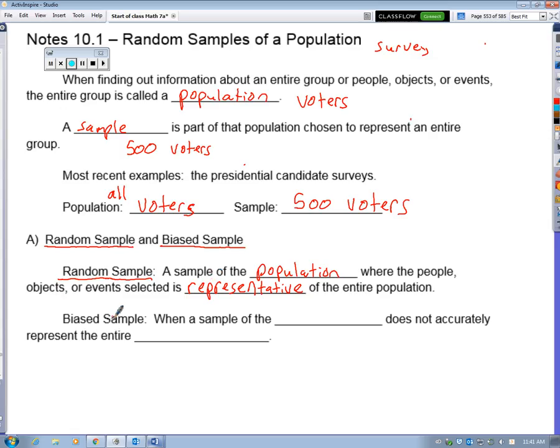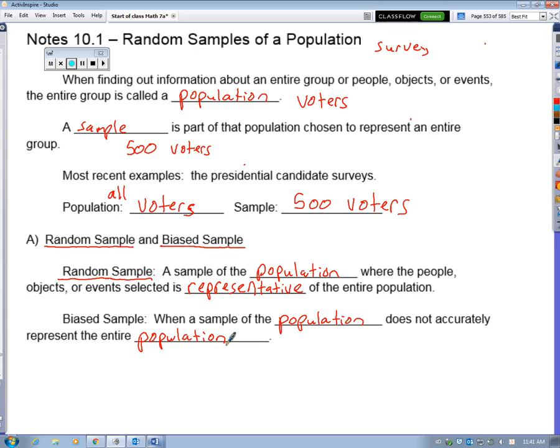A biased sample would be like one type of people. The definition is when a sample of the population does not accurately represent the entire population.